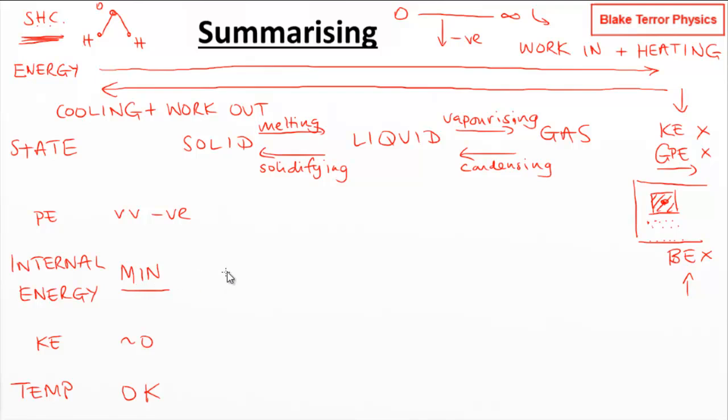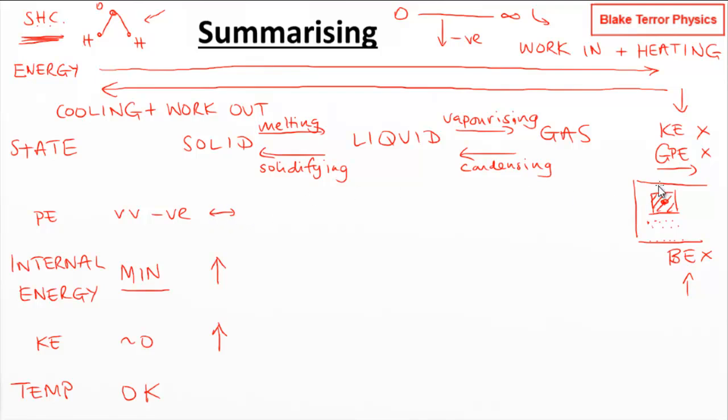We then start putting energy in. Our internal energy is increasing. The kinetic energy is increasing. The potential energy, this is where you have to start making some assumptions. If we're going to be ignoring the internal structure of molecules in the substance, we can kind of say, oh yeah, the potential energy is staying constant here.